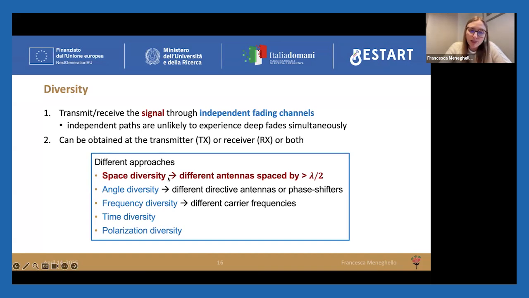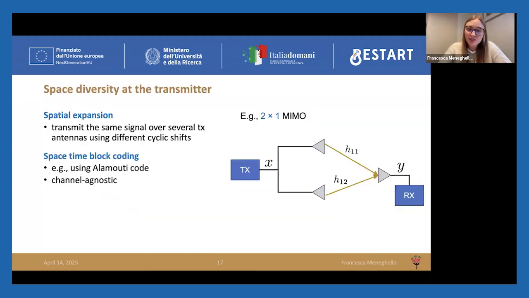So we will see how we can improve the robustness by using several antennas at the transmitter or at the receiver side, or both. So starting from the transmitter, here we have an example of a system where we have 2 transmitter antennas and 1 receiver antenna.